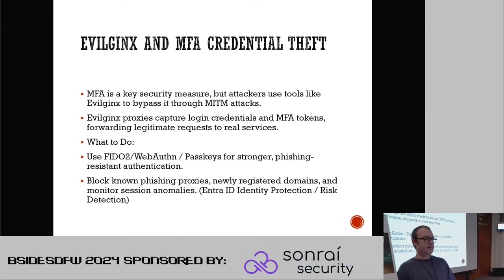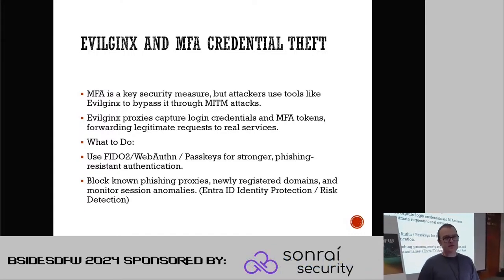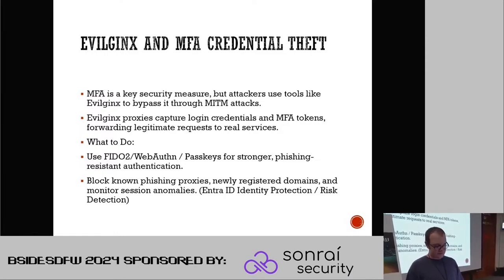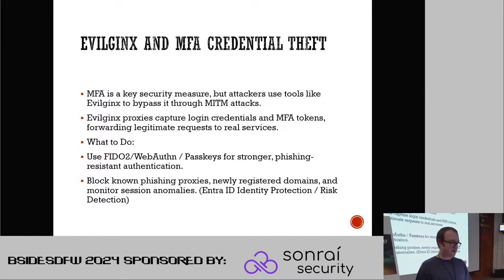The other thing you could do is block newly registered domains. Usually in these types of attacks, they'll spin up a similar domain, something that looks like the company, and it's probably a brand new domain that hasn't been scanned and marked as malicious already.